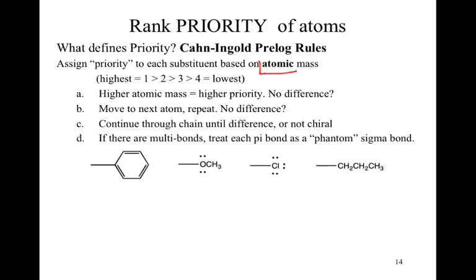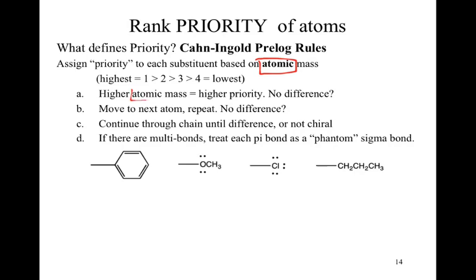Okay, notice that the atomic is bolded here, because that is important. And the standard notation is to make the highest priority group numbered as 1 and the lowest priority numbered as 4. That is kind of arbitrary. Just realize when we move further on into our rule set, that becomes of critical importance in the assigning process. So I would highly recommend that you follow that standard notation.